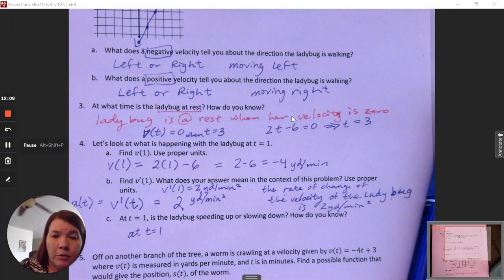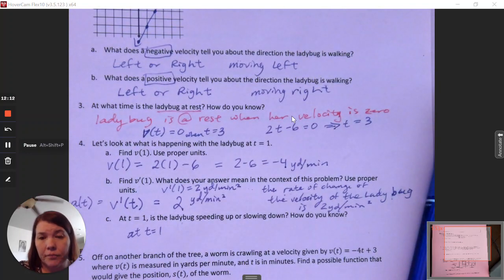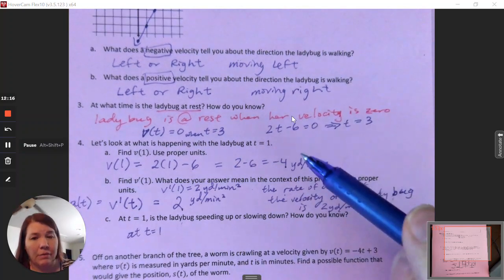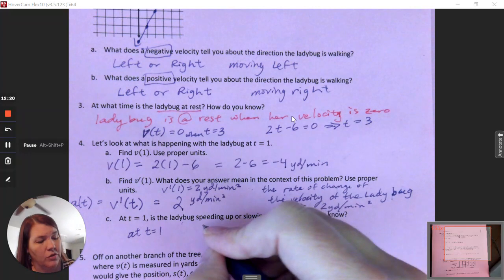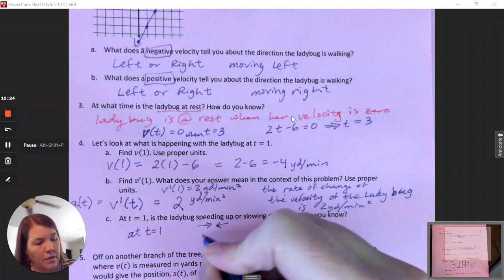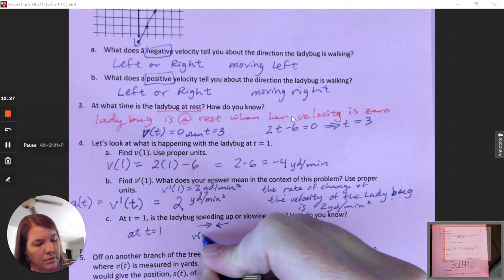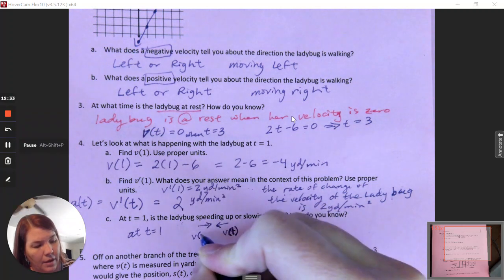The ladybug's speeding up or slowing down. So at time 1, his velocity is negative, and his acceleration is positive. And so if you think about that, his velocity is negative and his acceleration is positive. We have two forces pushing against each other. So v of 1 is a negative number, and a of 1 is a positive number.